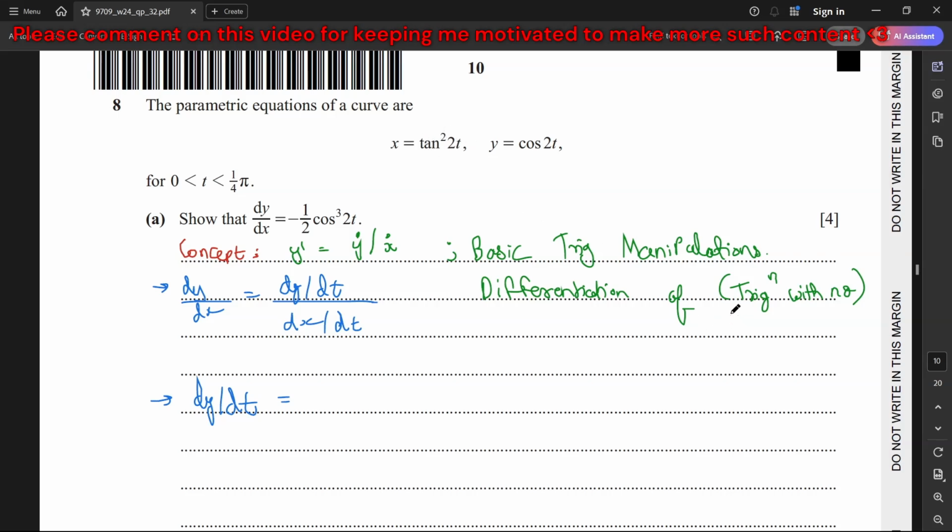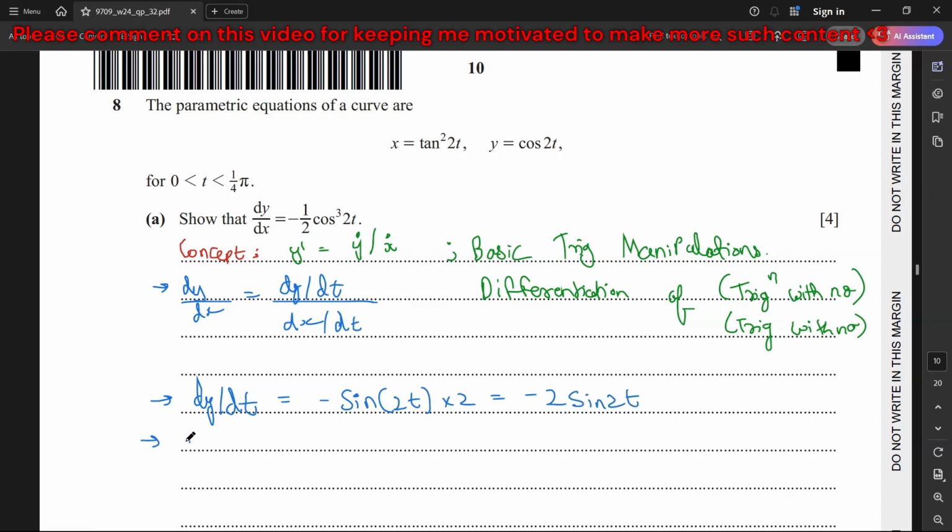You also need to know the basics of differentiation of trig with multiple angle, that is with n theta itself. So if I talk about this, the differentiation of cos 2t will be minus sine 2t. And because we're also having 2t over here, with respect to the chain rule that we've learned in AS level, this will be multiplied with 2. So the answer will be minus 2 sine 2t.